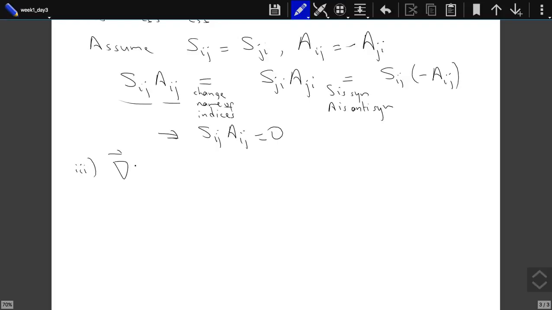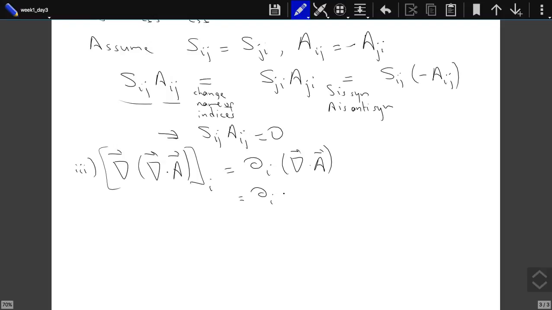We have the gradient of the divergence of a vector field. Well, this is a vector field. Let's look at the i component. The i component of this field is nothing but del i times the divergence of A. Now, the divergence of A is del j A_j.